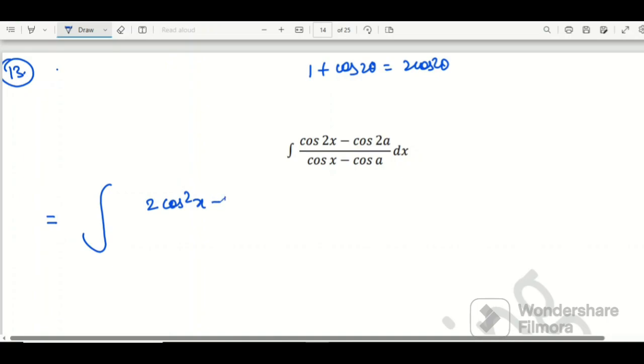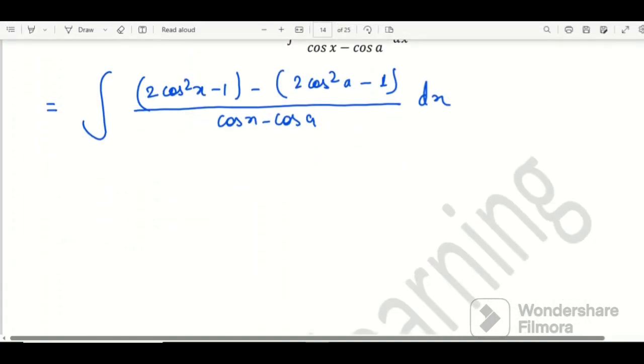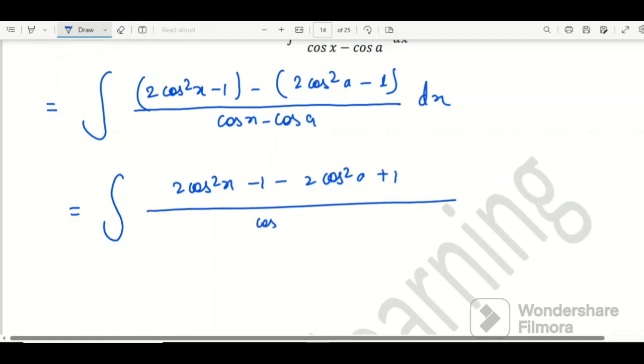That is, 2 cos square x minus 1 minus 2 cos square a plus 1, over cos x minus cos a, dx.